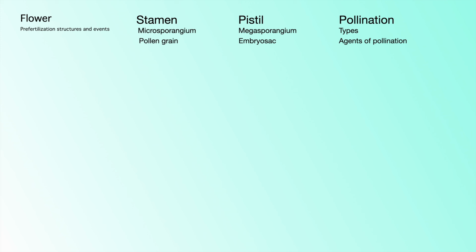Autogamy. Here, pollination between stamen and pistil of same flower takes place. Here, we have to know about two types of flowers. One is chasmogamous flower. Here, both anthers and stigma are exposed to outside. For successful self-pollination, pollen is released when stigma is receptive, and both anthers and stigma lie close to each other.